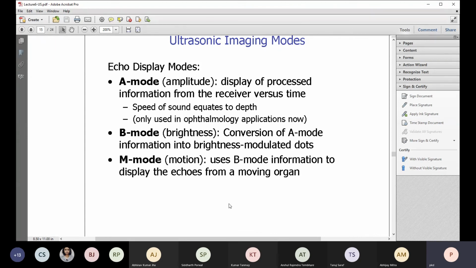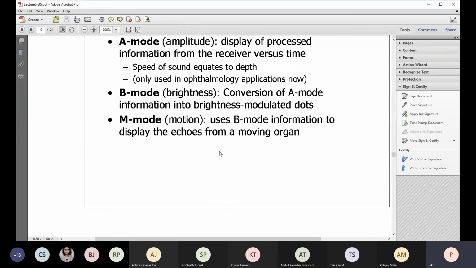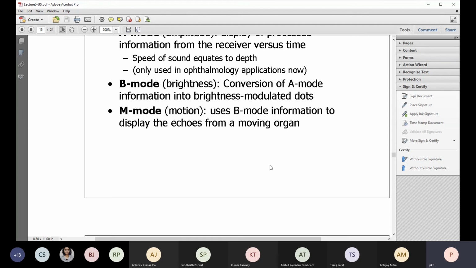Motion mode is where the echoes are traced from a moving organ, like due to breathing or some other movement of the organ, so the reflection points will move.